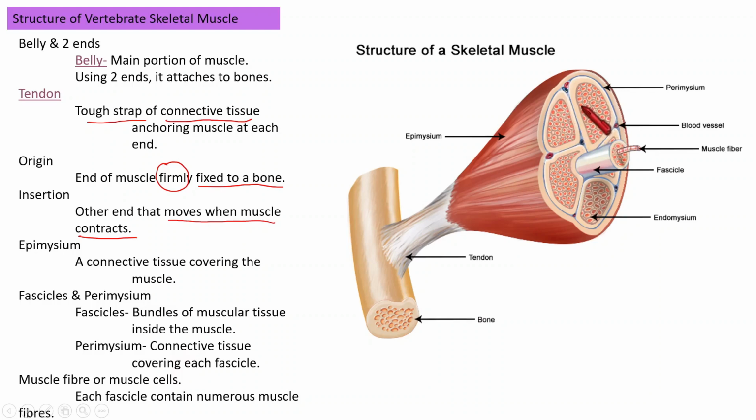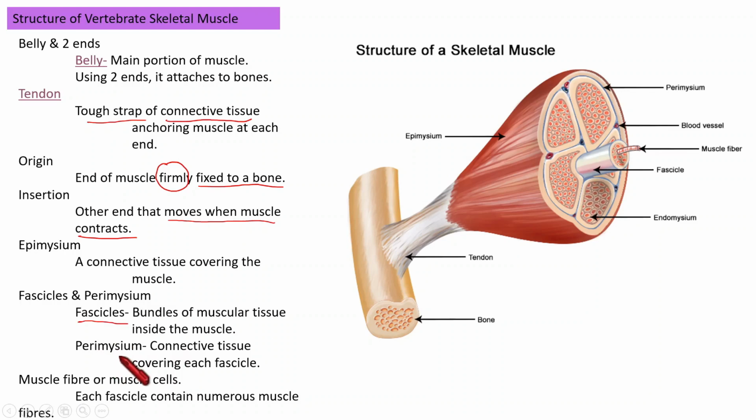We know that in the case of liver, many liver tissues constitute the liver. In the same way, here, many muscle tissues constitute a big muscle. Each muscle tissue inside that muscle is called a fascicle.